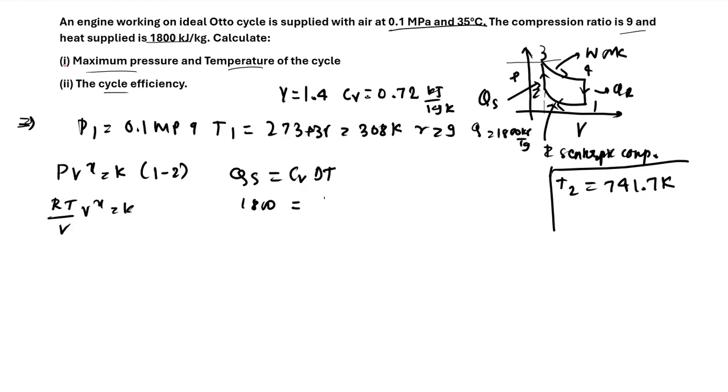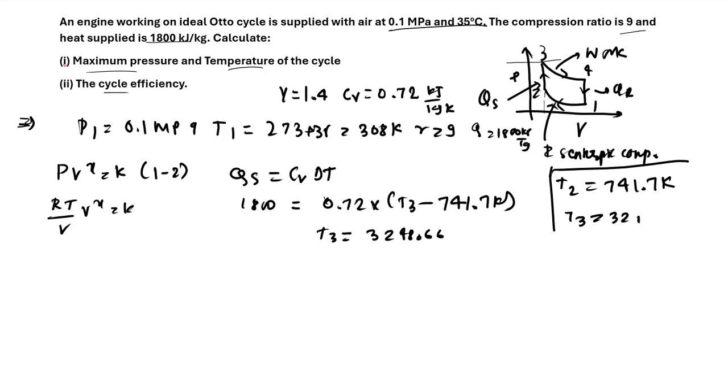And because this is an Otto cycle, it should be constant volume heat addition. So Cv should be 0.72, and delta T should be T3 minus T2, where T2 we have calculated as 741.7 Kelvin. If you calculate this, you will get T3 as 3248.66. So let us just write T3 as 3248.66.